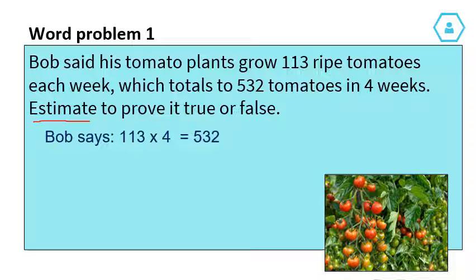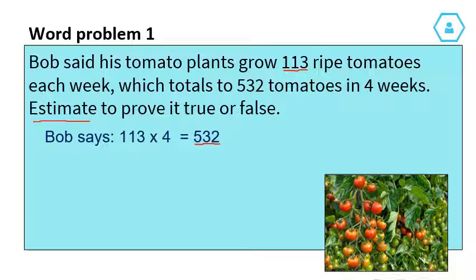He's saying that each week, over 4 weeks, his tomato plants grow 113 ripe tomatoes. So we could just say 113 plus 113 plus 113 plus 113, but there's a much quicker way of doing that, and that's using multiplication, which is a form of repeated addition. So 113 multiplied by 4, and he's saying it gives you a total, or a product, of 532.